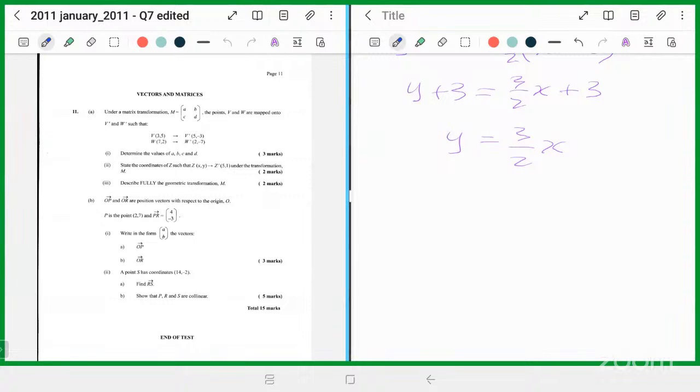I gave you so many questions on the paper to do. I was able to give you so many of them because these are topics that you already covered in the syllabus. Questions 1 and 2, we just do by example, especially number 1.